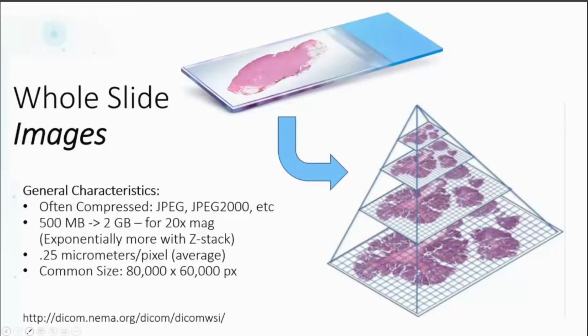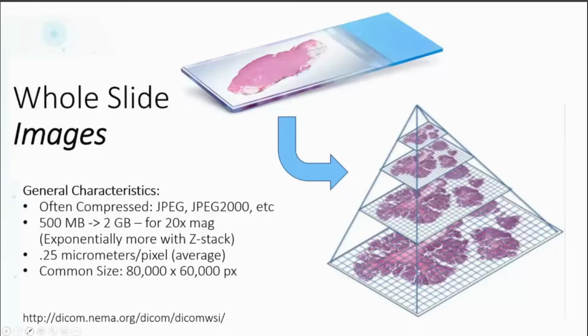And then if there are additional layers from the scanner added, what's called a Z-stack, that can expand exponentially, because each of those layers would be an additional 500 megabytes to 2 gigabytes. So you get very large images.